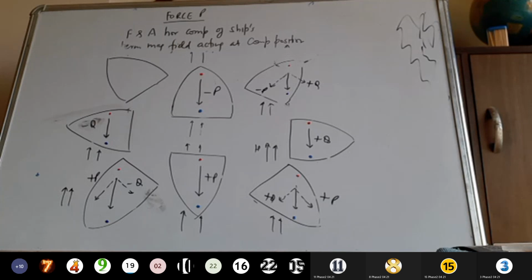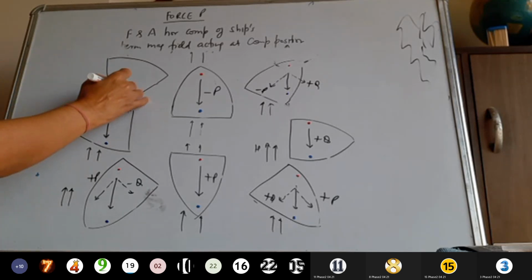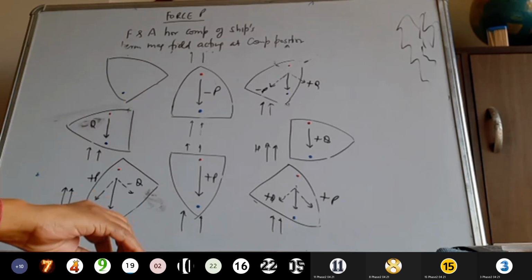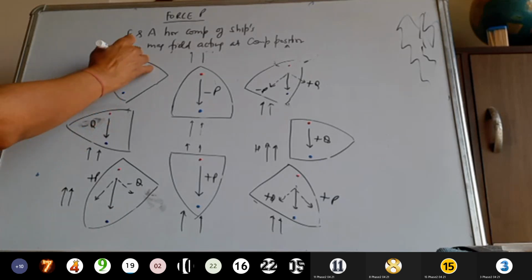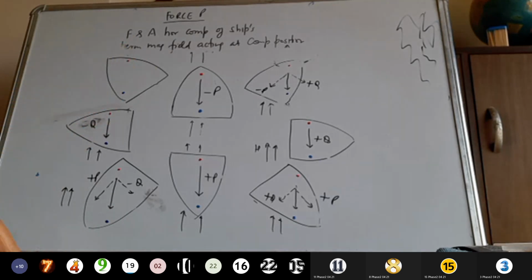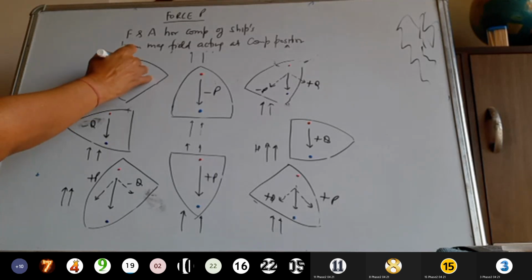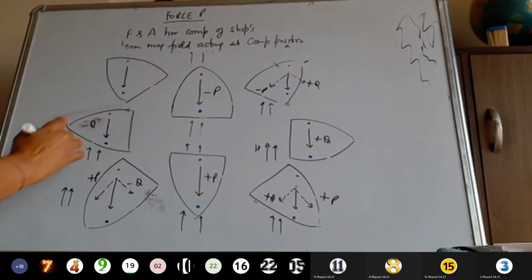Last quadrant, a vessel which is built in the northwesterly quadrant. So now I'm not going to show the direction of H. H is going in this direction. So obviously you will have a blue pole here and a red pole created here. The port quarter is becoming blue and the starboard bow is becoming red. So now the force is going from red to blue.